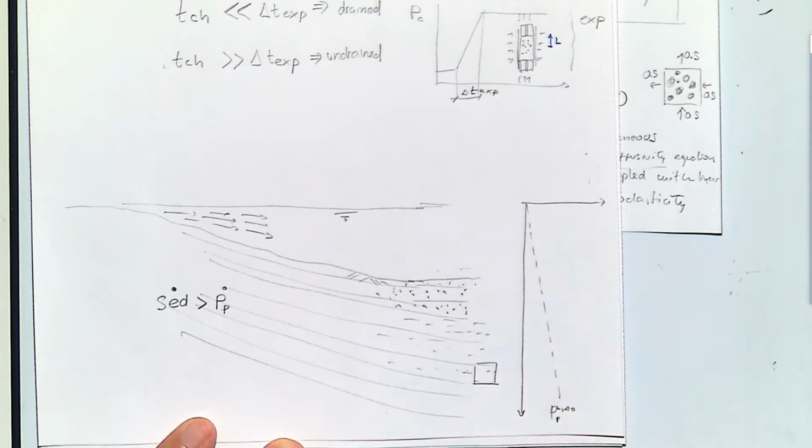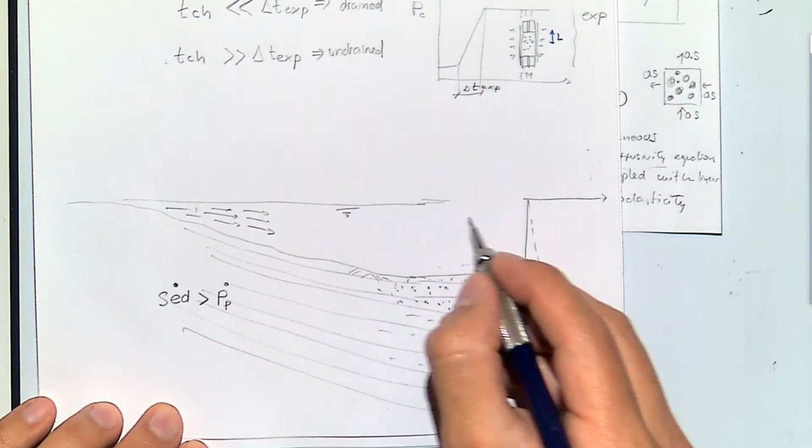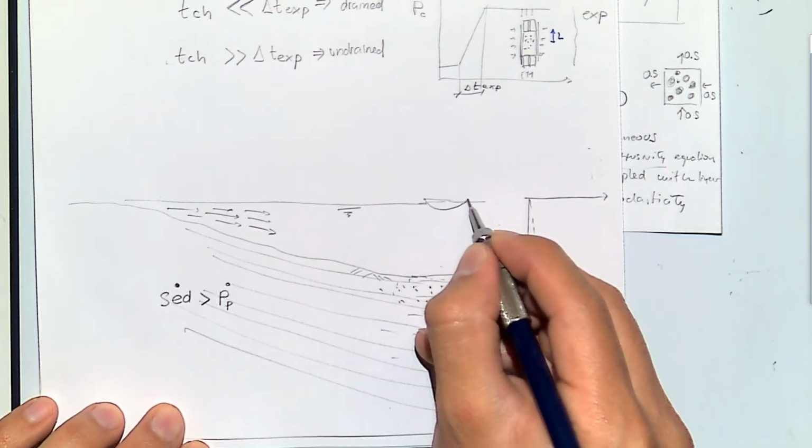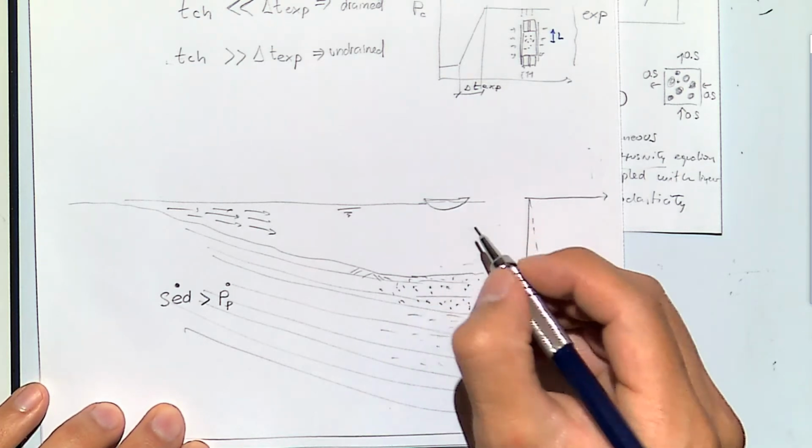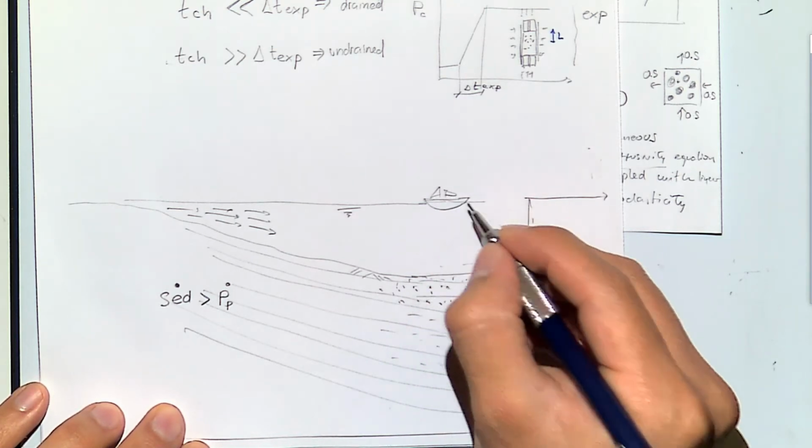So this is sea floor, okay, and this is the sea level. It's a boat over there.